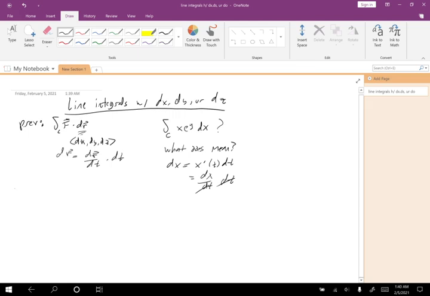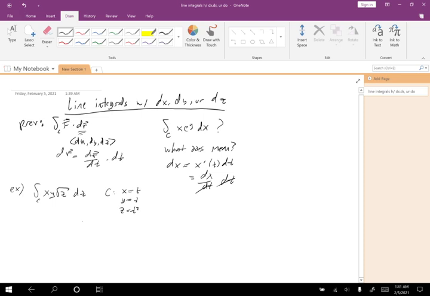So let's do a simple example of this. Let's evaluate xy times the square root of z dz. We'll just use the square root of z to make the integral a little nicer. Where C is now given by x equals t, y equals t, and z equals t squared.